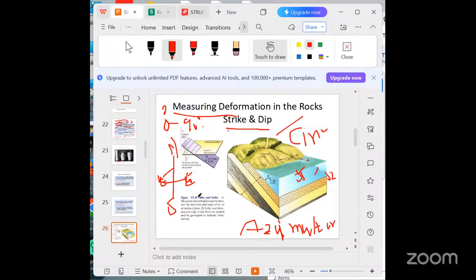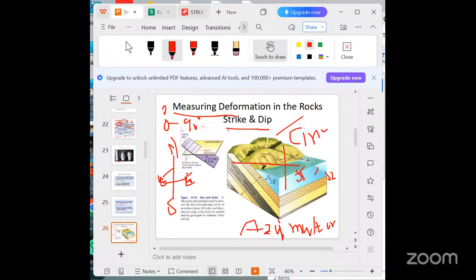The orientation of a linear element in space is expressed in terms of trend and plunge, the latter being a measure of inclination. While the trend is measured in the horizontal plane, the plunge is measured in the vertical plane containing the line. The plunge is the angle between the line and the horizontal in the vertical plane.